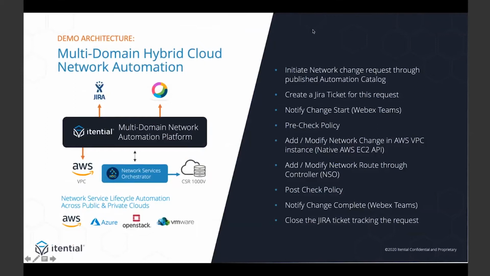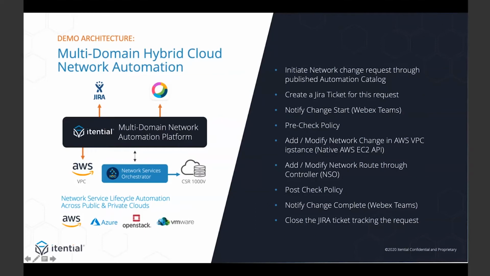So what you see in this is the combination of a private network, private cloud, where we have a cloud router, for example a CSR 1000V, modeled, maintained, and controlled by NSO, and deploying service to that, as well as a native integration to AWS. As Chris mentioned, we are proud of the fact that the integration should be minimal.